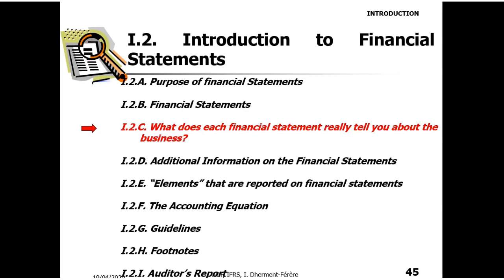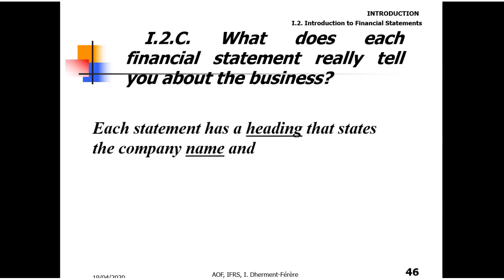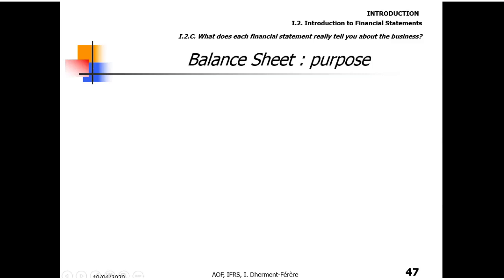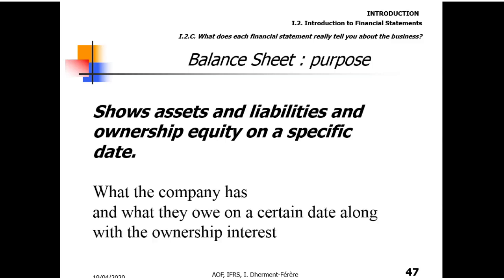So, what does each financial statement really tell you about the business? Each statement has a heading that states the company name and the date or time period covered. Purpose of the balance sheet. The balance sheet shows assets, liabilities, and ownership equity on a specific date: what the company has, and what they owe on a certain date, along with the ownership interest.